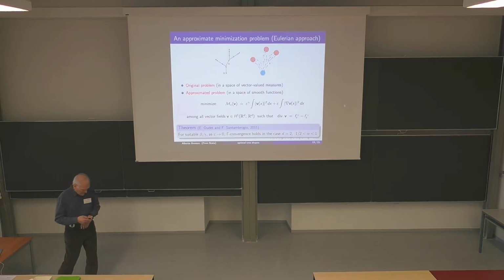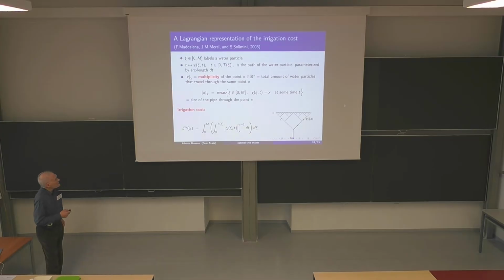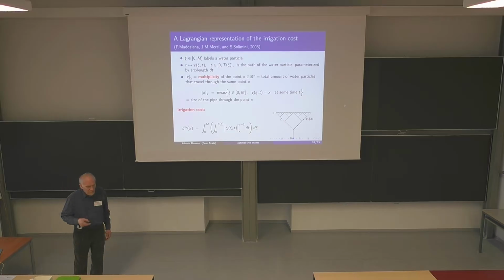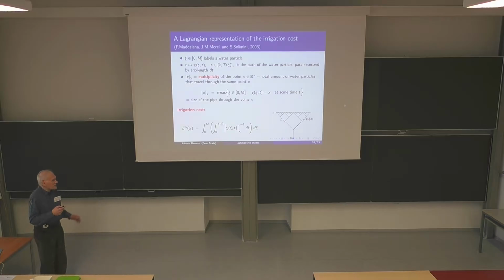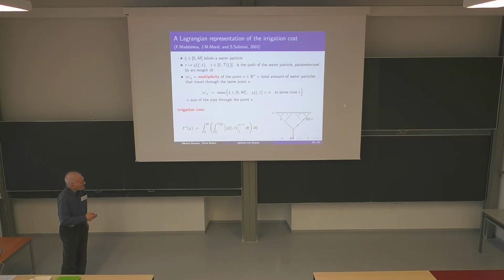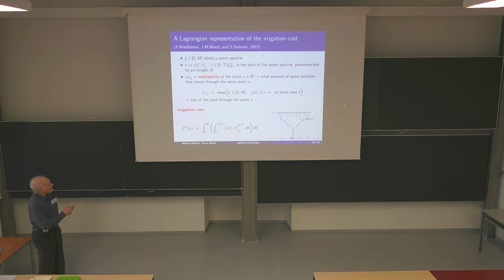Okay? What we have done recently with one of my postdocs, Giacomo Vecchiato, is to mollify, again, this ramified transportation cost, but from a Lagrangian point of view. So the Lagrangian point of view was, as I said, introduced in this paper. So psi labels one single water particle, and T of psi, t is the path of the water particle parameterized by arc length.